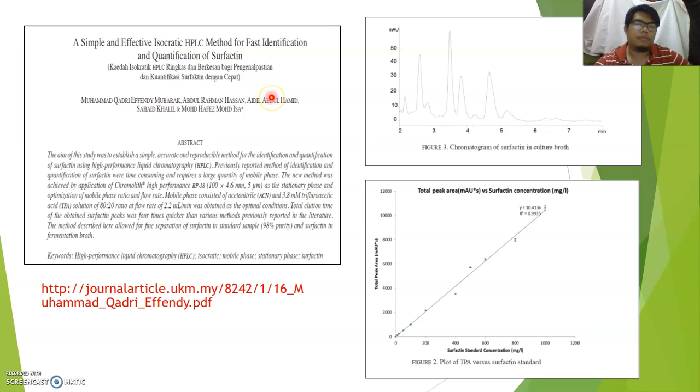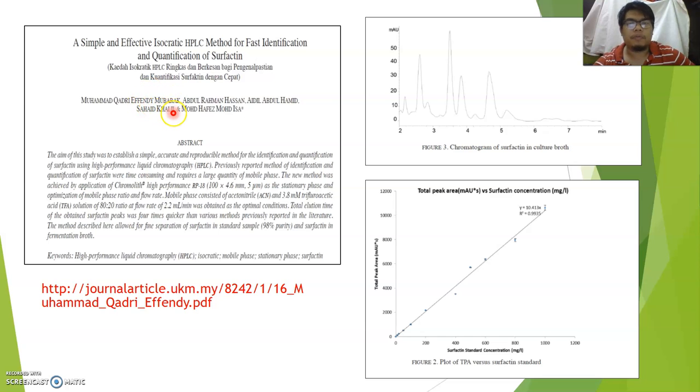So what we did is we tried to improvise the current method of measuring or identifying surfactants, which is one of the bioprocess products that is produced by bacteria, especially Bacillus subtilis. This is a 2015 paper.